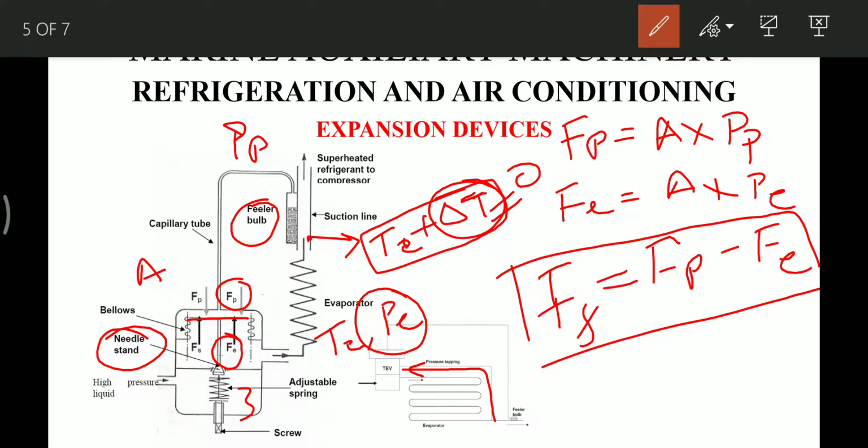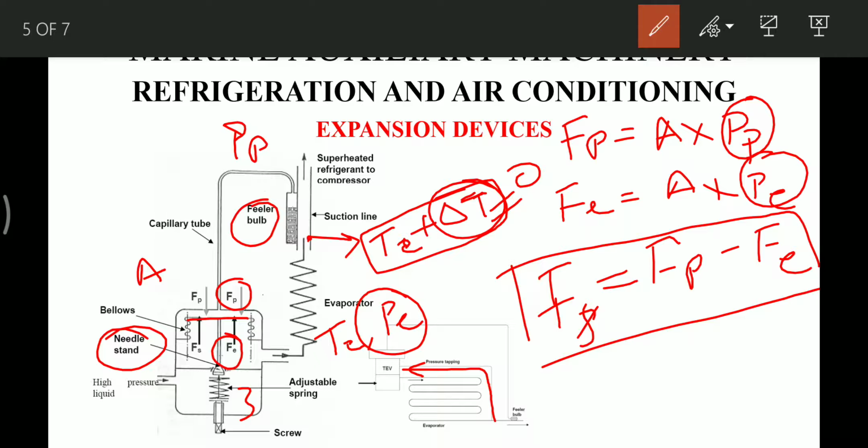If the power fluid is the same as the refrigerant, then this Pp will be equal to Pe. So Fp minus Fe will be 0, and a slight spring force Fs will keep this needle stand against this orifice and keep this thermostatic expansion valve in closed condition.